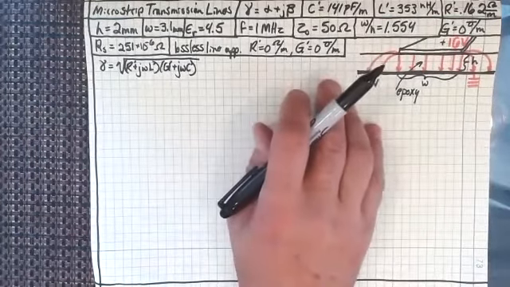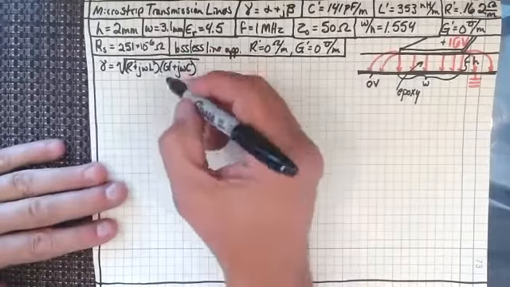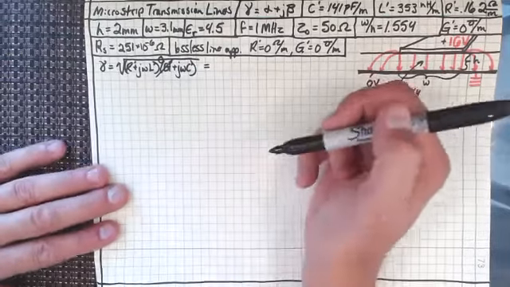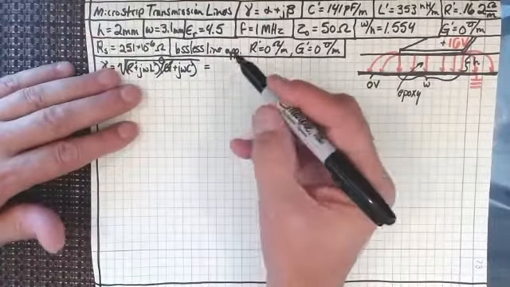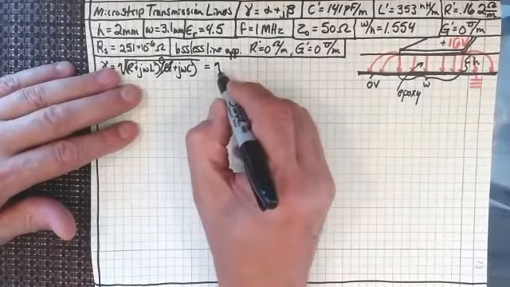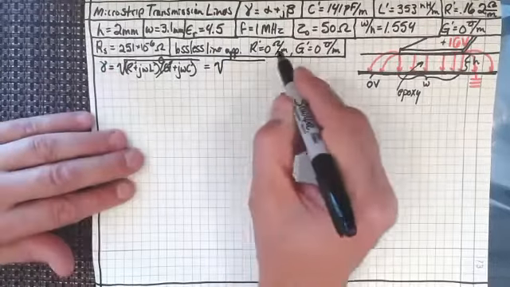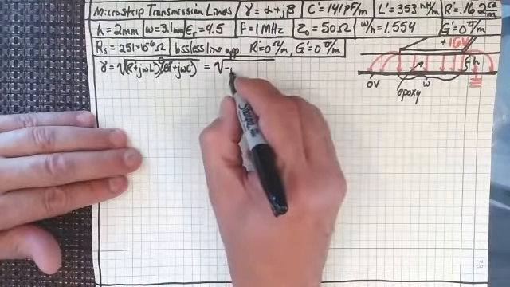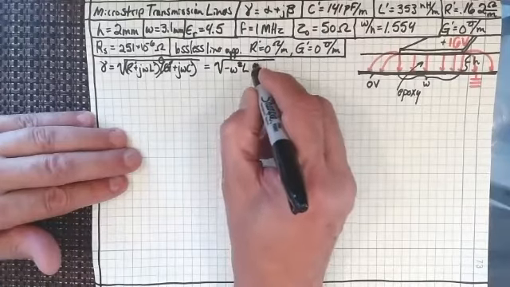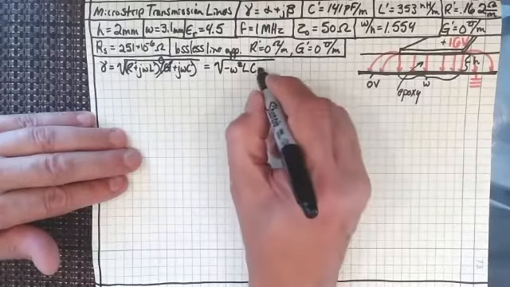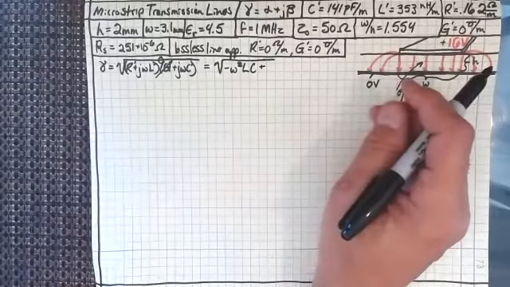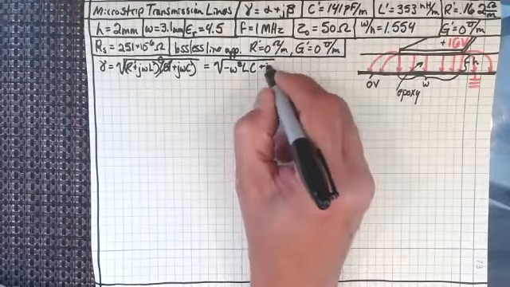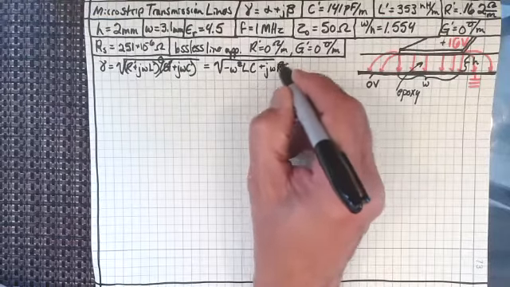If I say that G is going to be equal to 0, I can simplify that equation a little bit. I've derived this for you before, so I'm just going to write down what the formula is now rather than go through the whole derivation again. It's the square root of the complex number minus omega squared LC plus j omega RC.